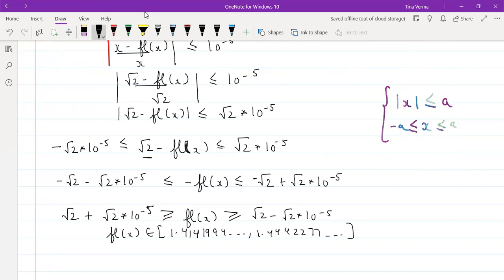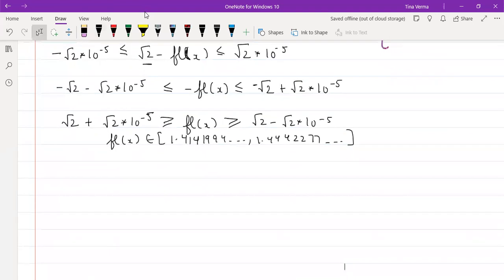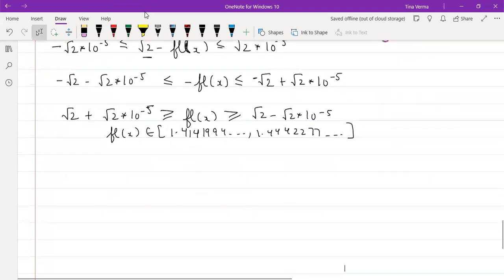Is it clear? The error can be more or less, but it will not be greater than 10 raised to the power minus 5. That is why we consider the approximation of root 2 as 1.414. Okay? Any doubt till here? Yes. Anybody having doubt till here?